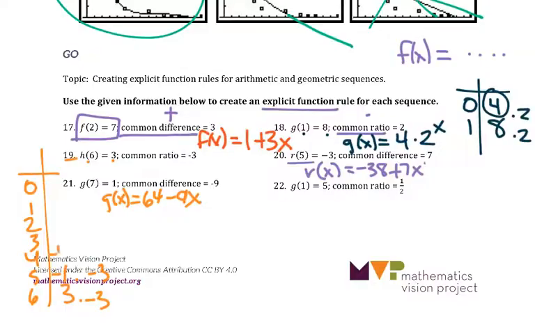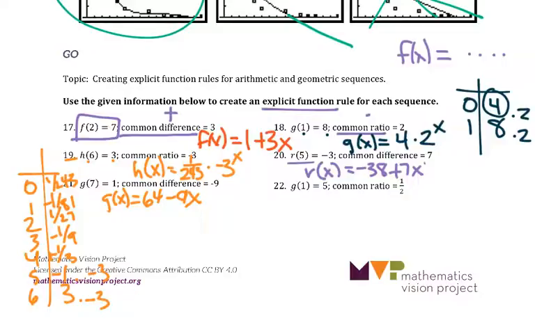Divided by negative 3, positive 1/3. Negative 1/9. Basically, we're multiplying the denominator by 3. Positive 1/27. Negative 1/81. Positive 1/243. So h of x equals our starting number, positive 1/243, times negative 3 to the x.